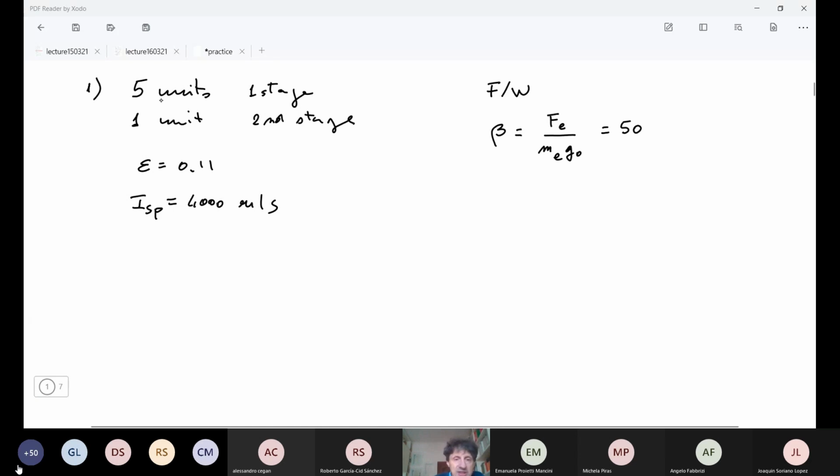The different stages also have a delta V of 4,500 meters per second each.